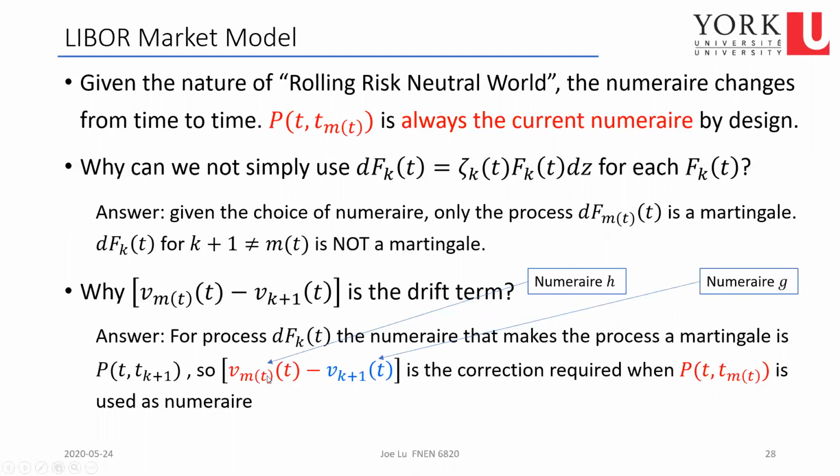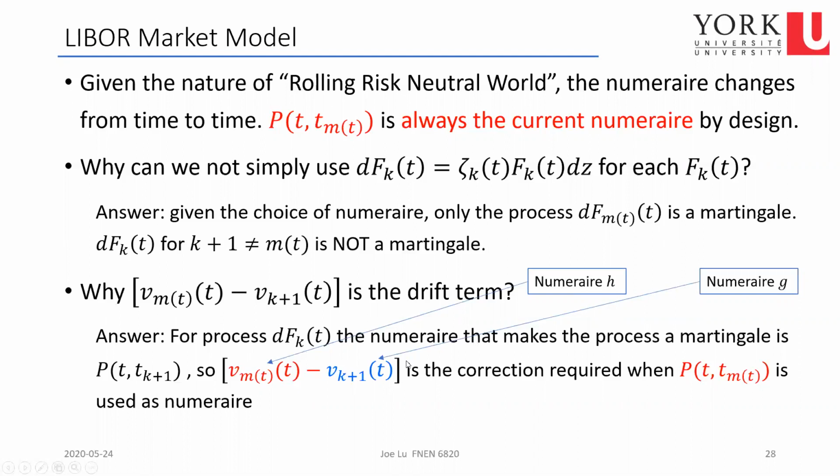The selected numeraire asset is dependent on this m here. So unless m equals k plus 1, you have a different asset H being the numeraire asset.